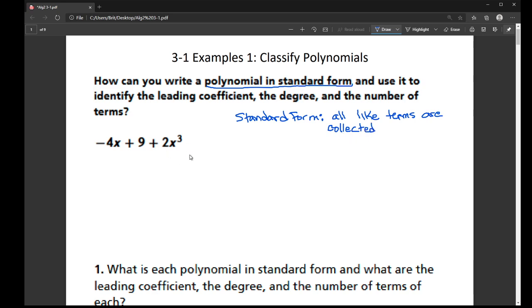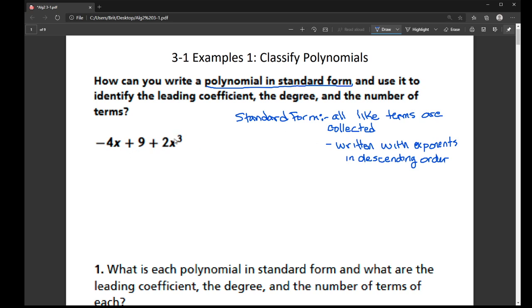You have to collect them if there are any like terms. The other thing is that it has to be written with exponents in descending order. What that means is that the largest exponent has to go first, and the smallest exponent has to go last. So let's look at putting this in standard form.